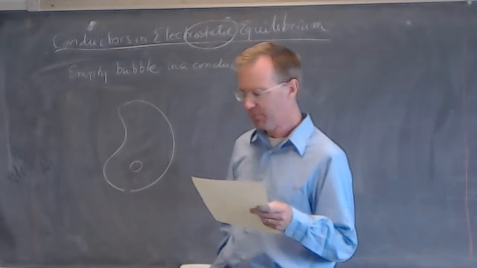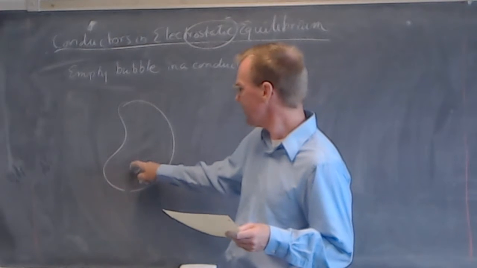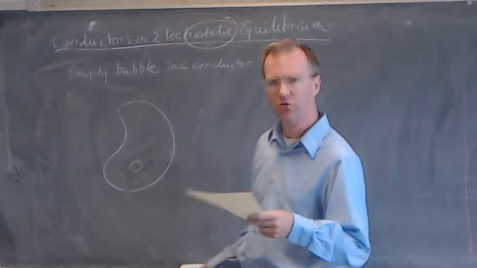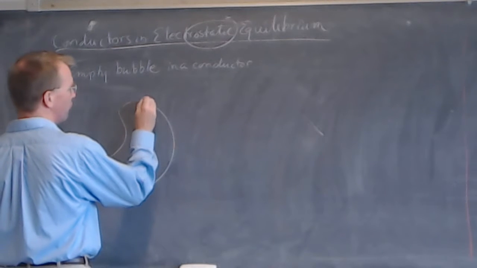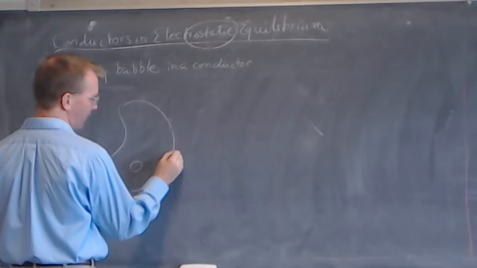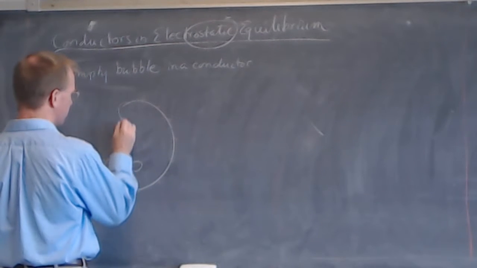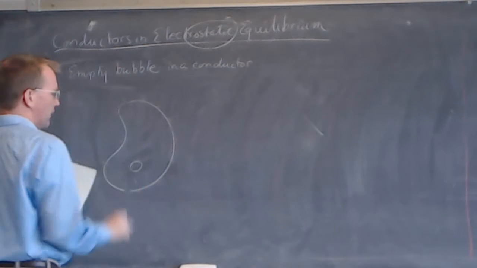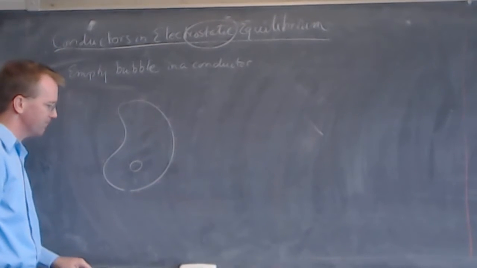The question is going to be, is there any charge on the inside surface of the conductor surrounding the bubble? Because let's say that we've got some net charge on the outside surface, and we know that that can be the case. And I said that charge will rearrange itself so it's all moved to the outside edge.